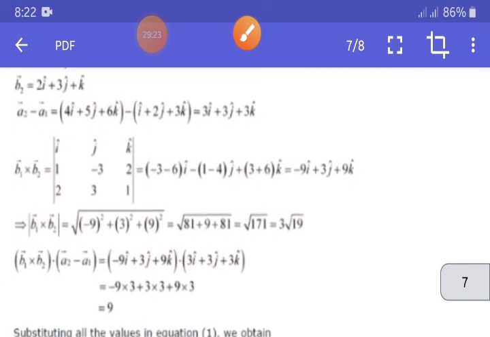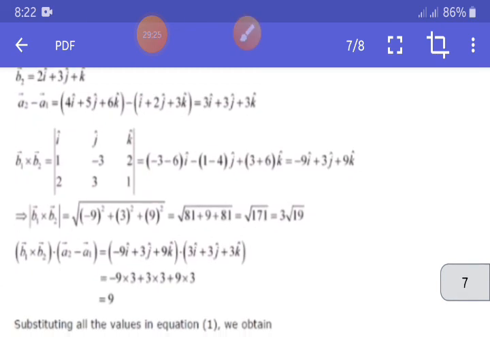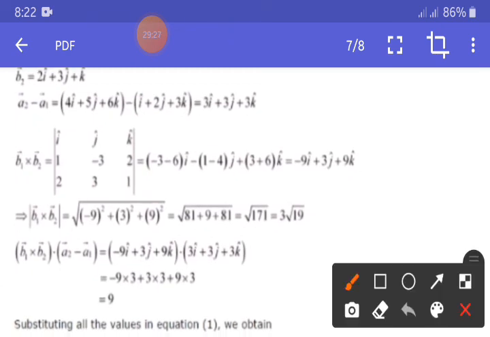Then b1 vector cross b2 vector is the determinant of i cap, j cap, k cap, with b1 and b2 rows. Now expanding, we get minus 3 minus 6, that is minus 9 i cap, minus (1 minus 4) j cap, plus (3 plus 6) k cap. So minus 9i cap plus 3j cap plus 9k cap.